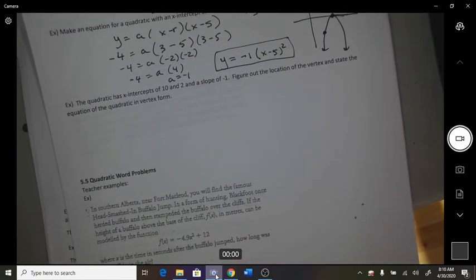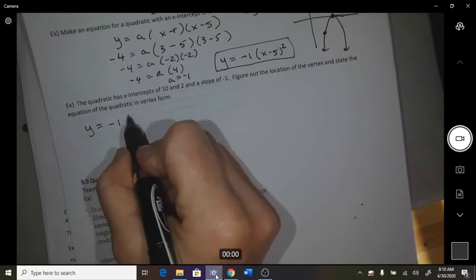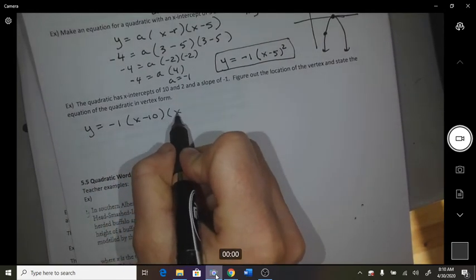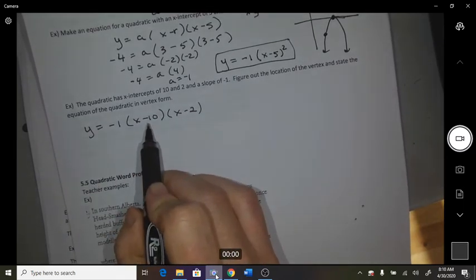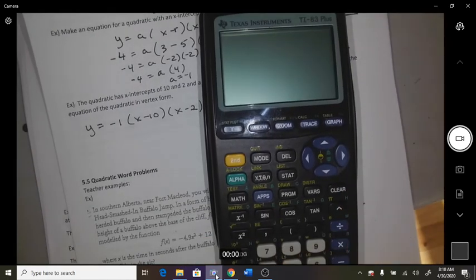The quadratic has x-intercepts of 10 and 2, slope of negative 1. Figure out the location of the vertex and state the equation of the quadratic in vertex form. So we know that this is the equation in factored form, x-intercepts of 10 and 2 and a slope of negative 1. So we can go to our calculator and graph that now.